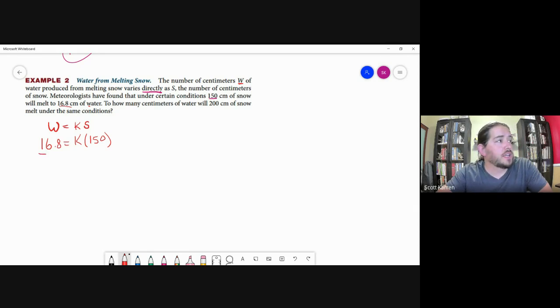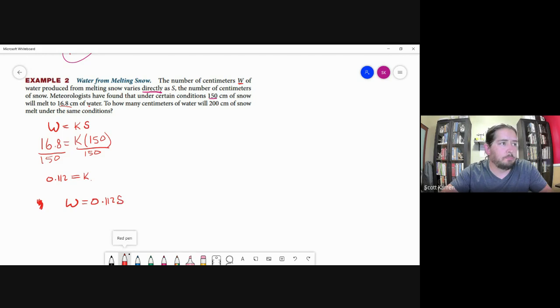So if I divide each side by 150, I get, I'm just going to cheat because I have it in front of me somewhere, 0.112 is K, right? So I know then that the formula that I'm going to use is W equals 0.112 S. And I can then go on to the next little bit.